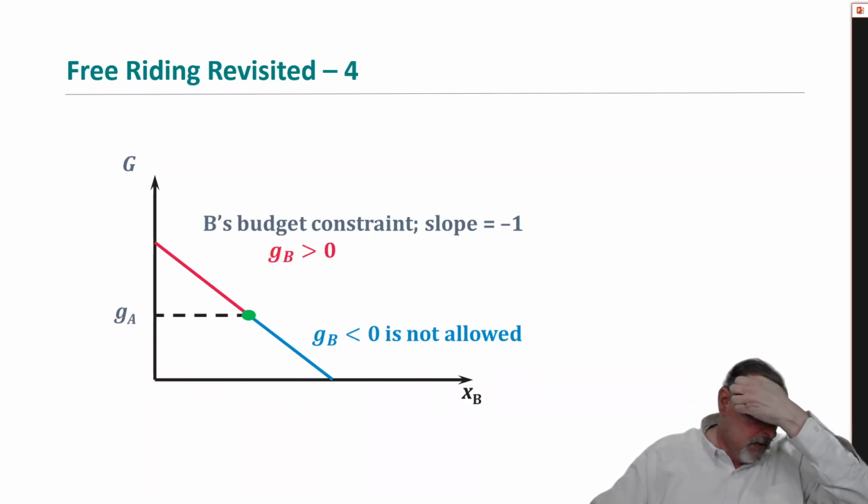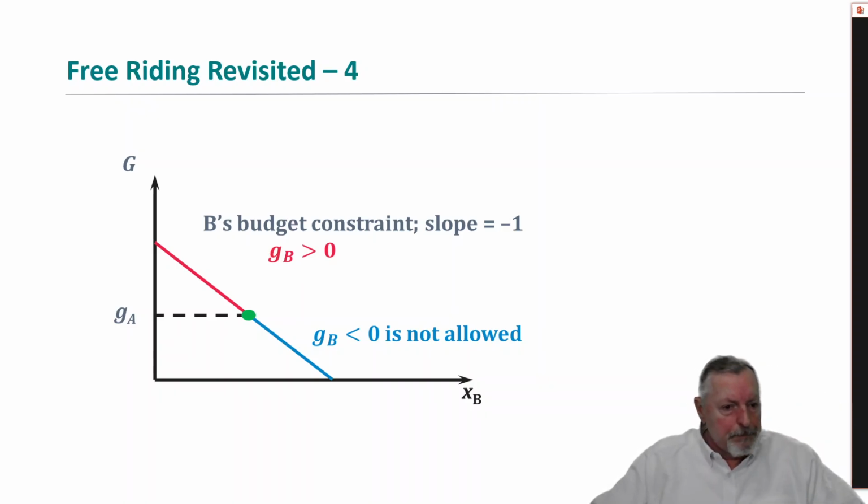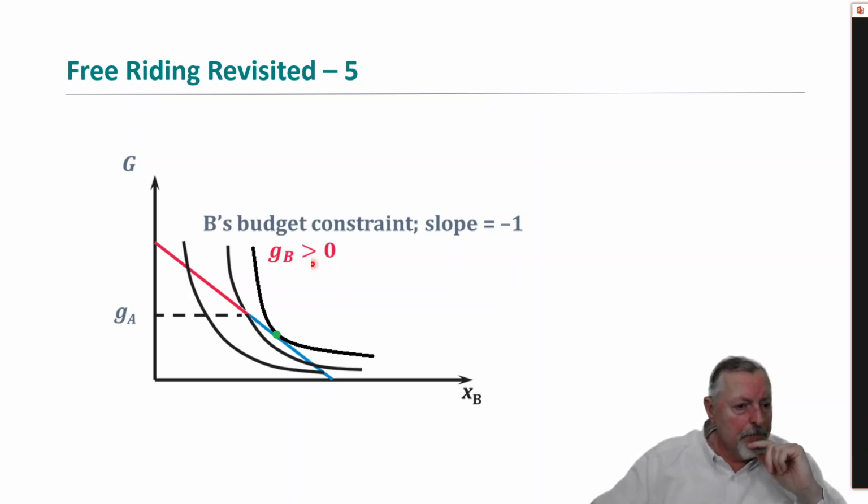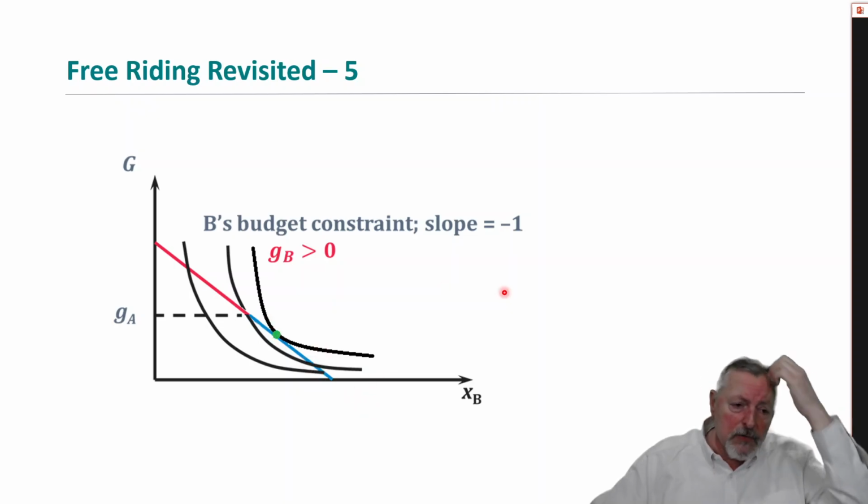Why? Let's look at it this way. Forget about how much of the public good person A is providing. This is just person B. This is from your principles course. Here's a budget constraint. Here are indifference curves.